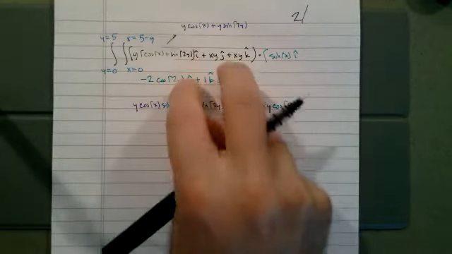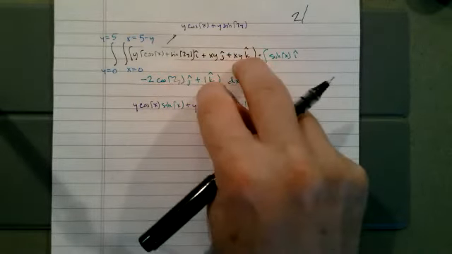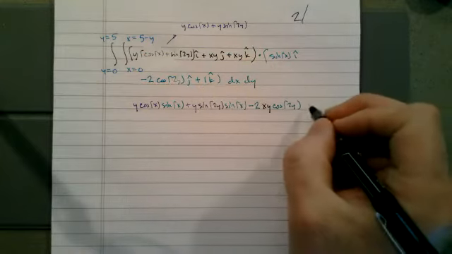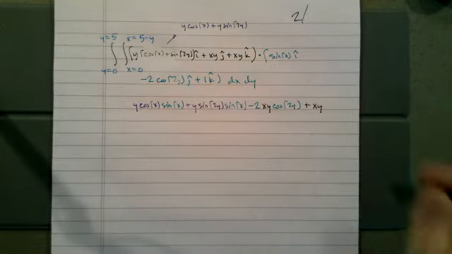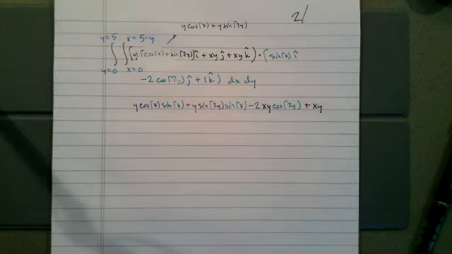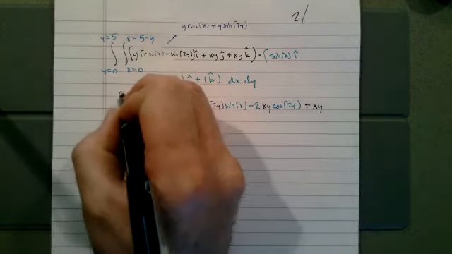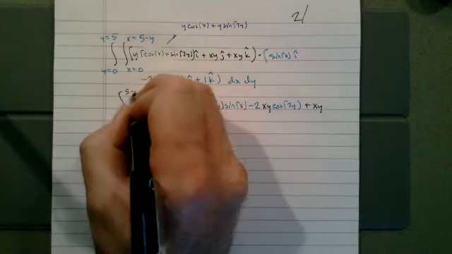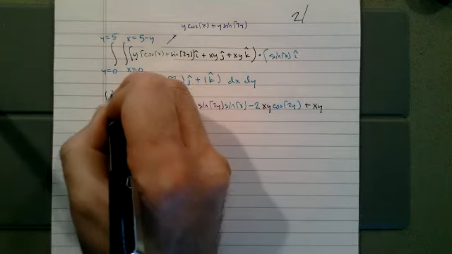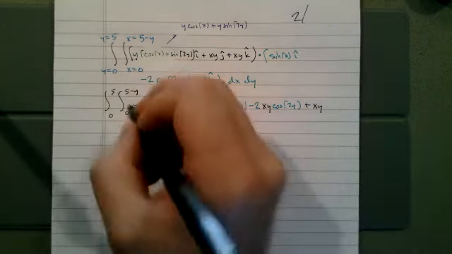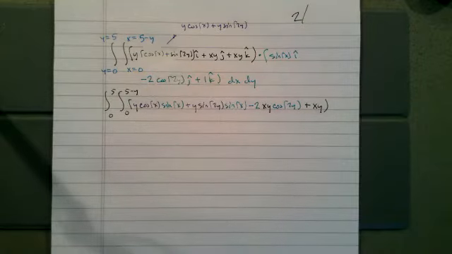That's the product of the j components. Then I need the product of the k components, which is just going to be plus xy. This is still all a double integral. X goes from 0 to 5 minus y, and y goes from 0 to 5. And I set it up as a dx dy integral.